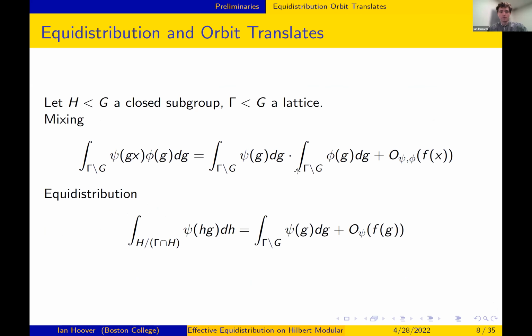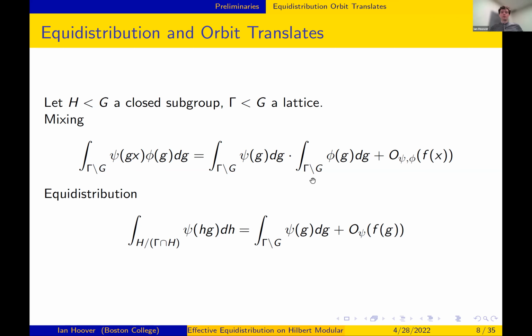So moving on, what are the dynamics we're looking at? Let's recall the definition of the two important dynamical ideas. Mixing is if, by the action of the group, the integral of a product would become just the product of integrals.